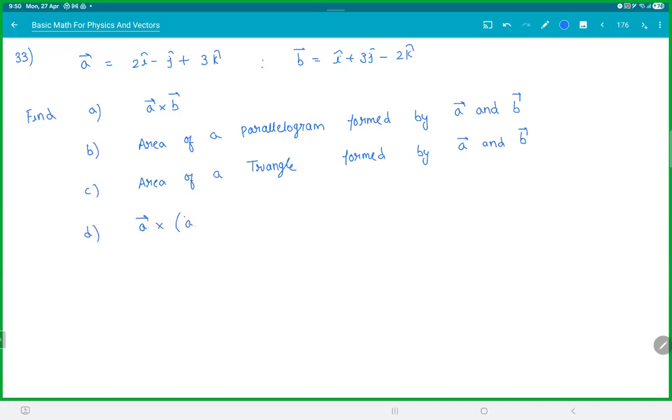a bar cross a bar minus 2b bar. a bar plus 2b bar dot a cross b bar.